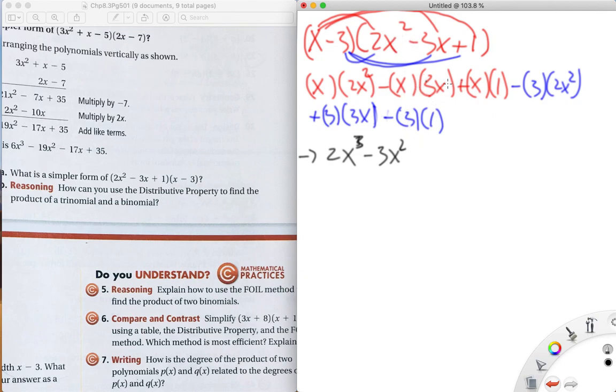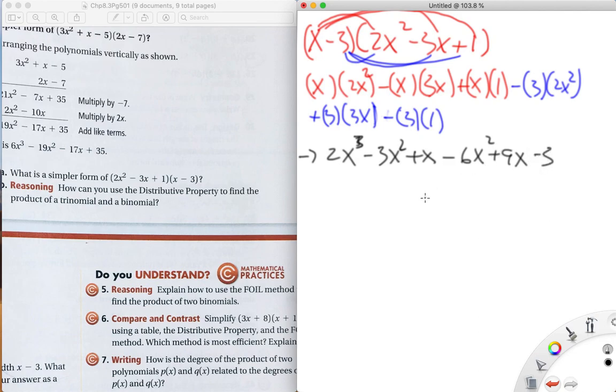Like I would do a lot of this in my brain as opposed to writing all of this out, as you get better at doing these. x times 1, which is x, negative 3 times 2x squared is negative 6x squared. 3 times 3x is 9x. And negative 3 times 1 is negative 3.